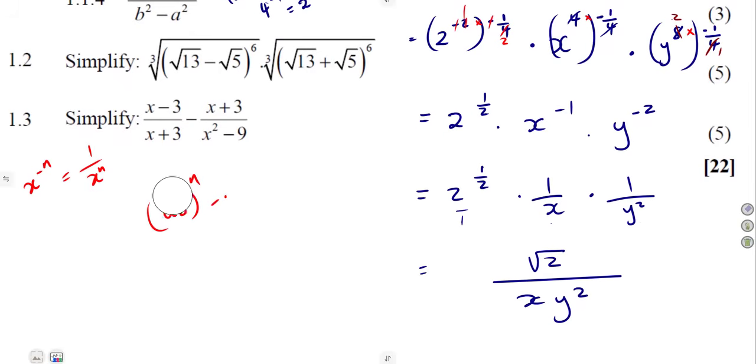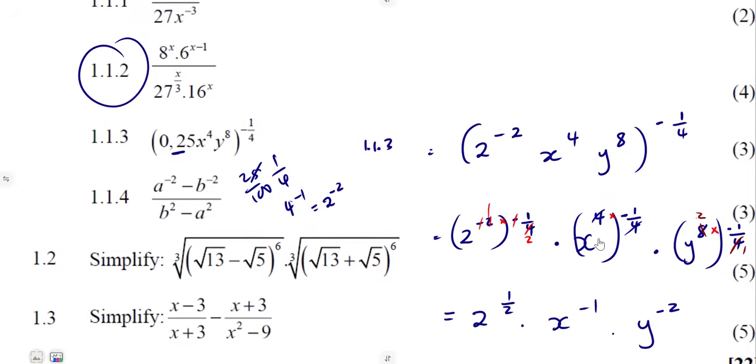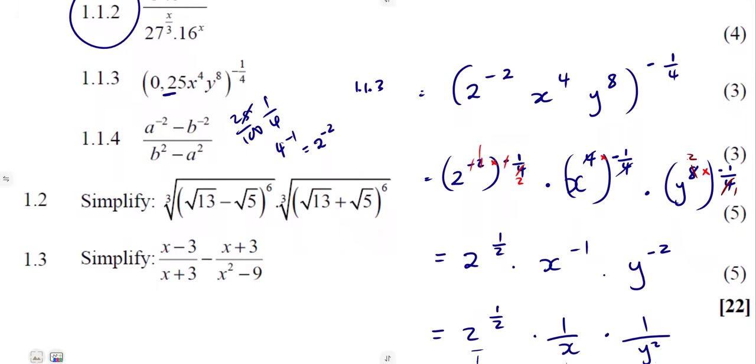You can just leave your answer like that, or you can use this one as 2 to the exponent of a half. Here it is still one and the same as the square root of 2. So it's just a presentation, but you can just leave that one as it is. You are done. All right, you are done.